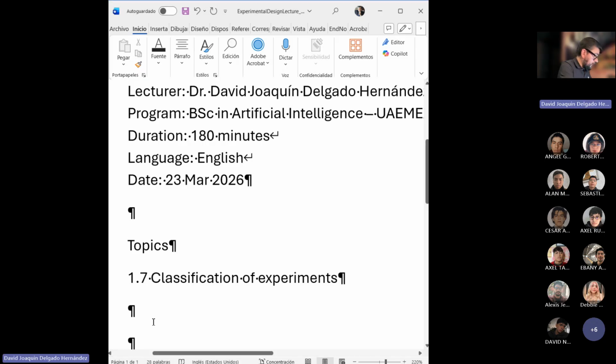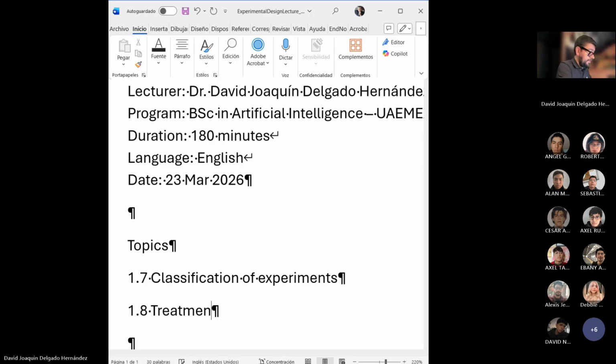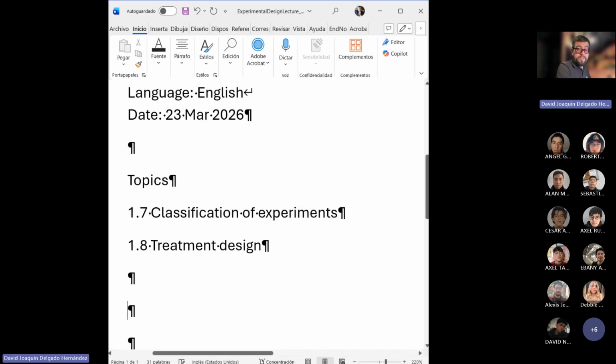And in the second term, we are going to study the treatment design. So these are the two general topics.